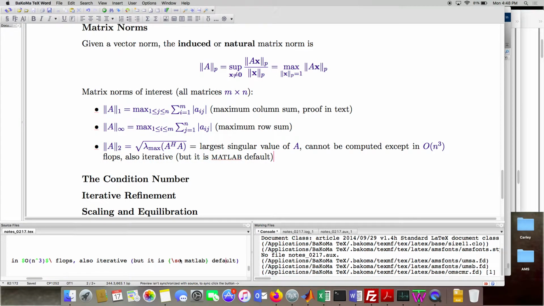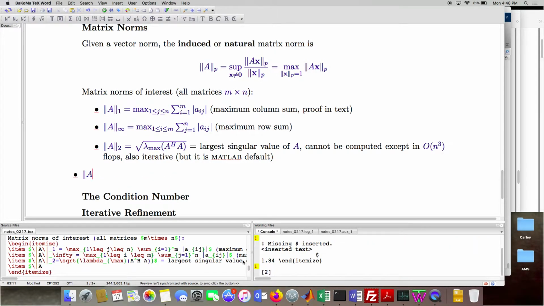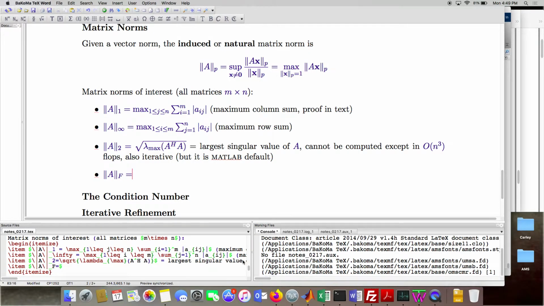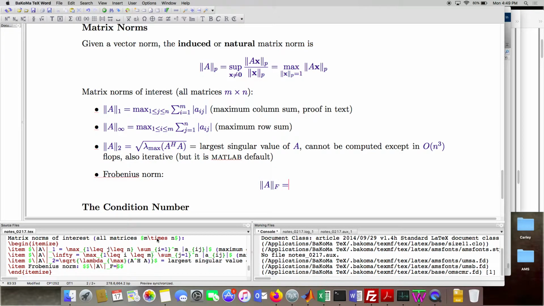Now there's one more norm that's worth showing. This is actually not based on a vector norm. It's called the Frobenius norm, with the subscript F. And fortunately, it does have a straightforward approach to computing it, unlike the 2 norm.